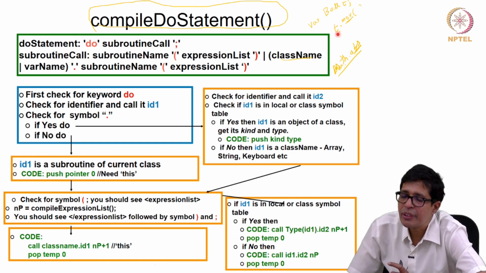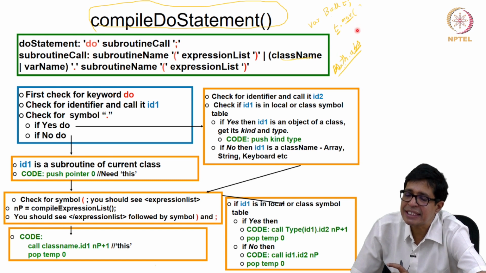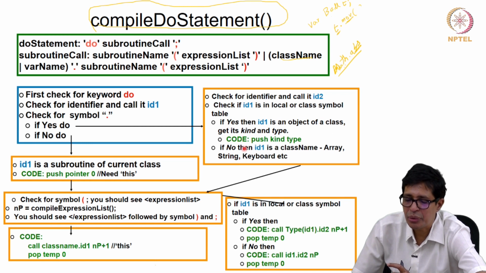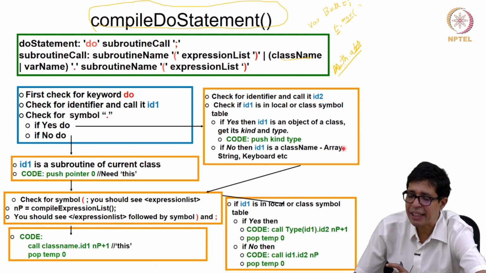When I say t dot move, when move is executing it will access the field variables of t, as we have already explained. That subroutine should have access to the segment storing the field variables of t, and that is what we are pushing here, because push kind type will push the address of the starting location of t. And if no, then id1 is a class name, like array, string, keyboard or math.abs.